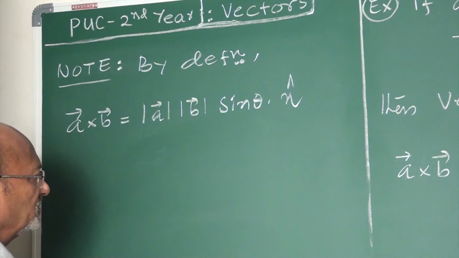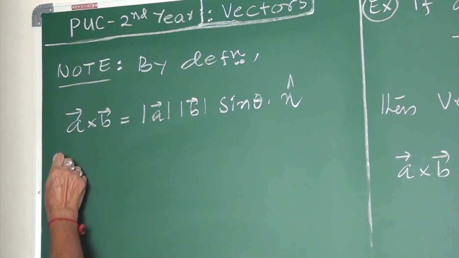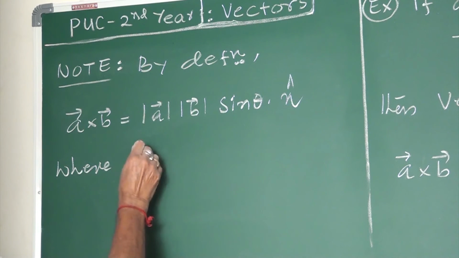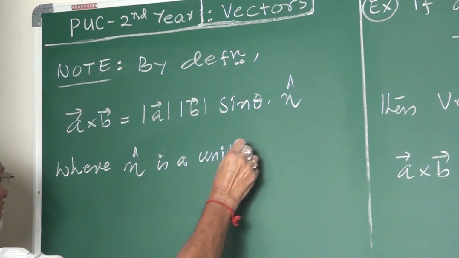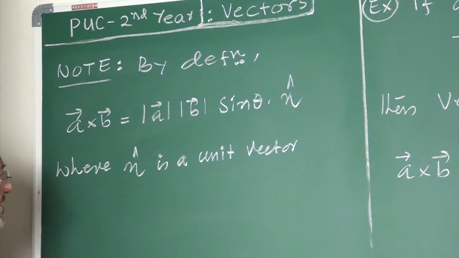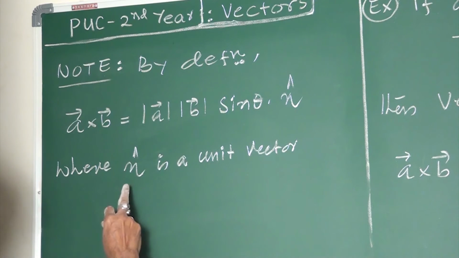What is that? Eta cap is a unit vector in a direction perpendicular to both vectors A and B.